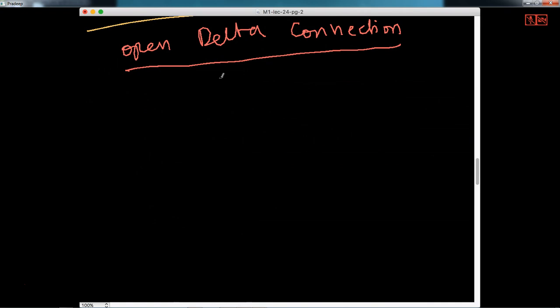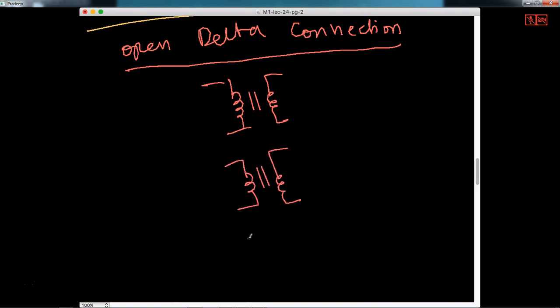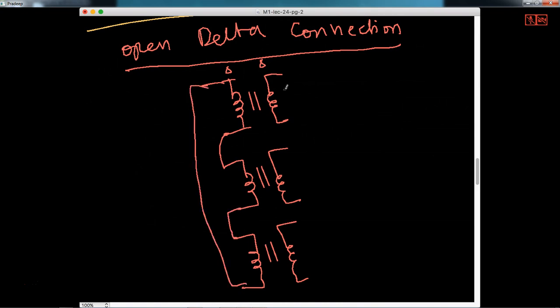Let's say you have 3 transformers. This is the first transformer, this is the second transformer, and this is the third transformer. So what is the delta-delta connection? The ending of the first, you connect to the starting of the next. The ending here you connect to the starting, and so on for each one.